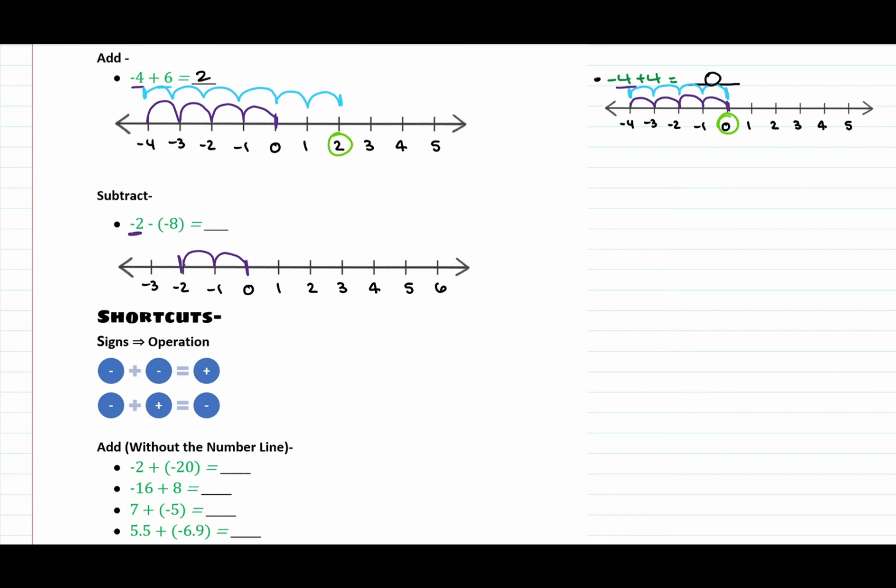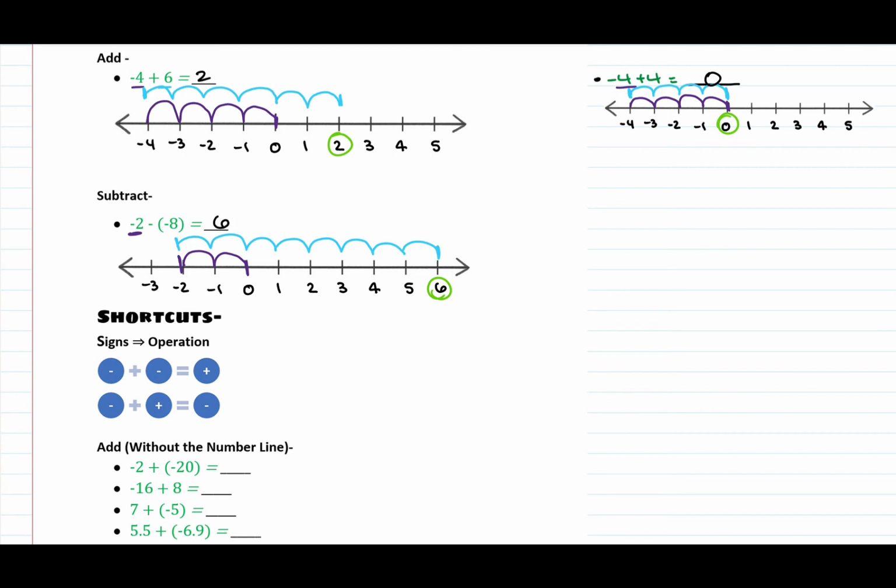And then we are going to subtract negative 8, meaning that we are now going to move to the right 8 places. So from negative 2, 1, 2, 3, 4, 5, 6, 7, 8. And that gives us 6. And that would be our answer.